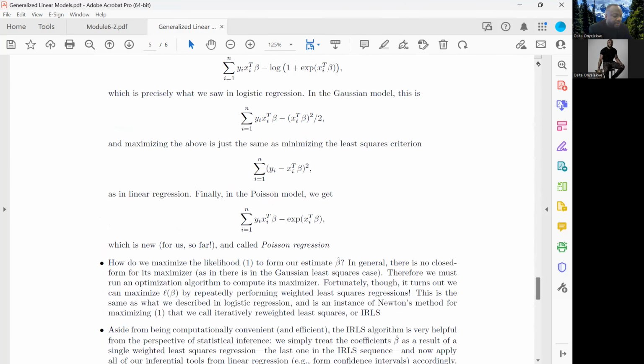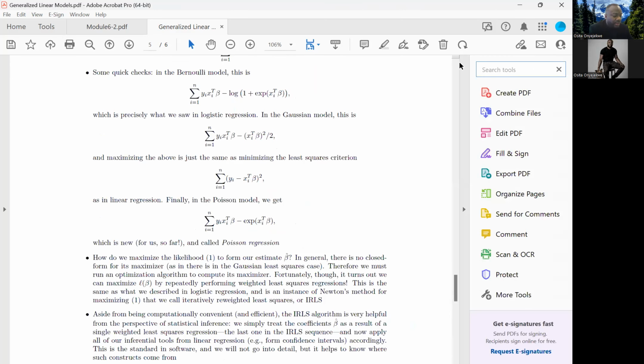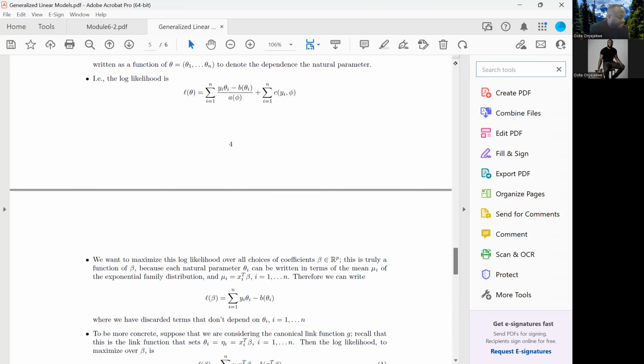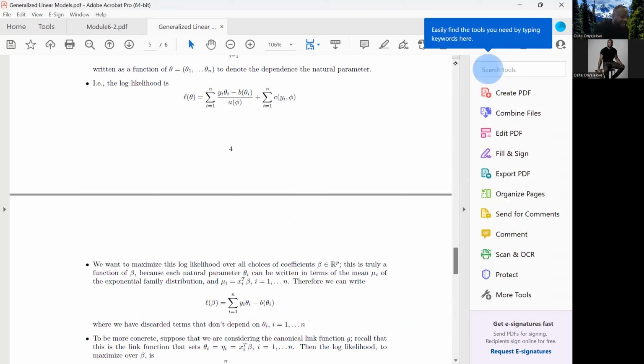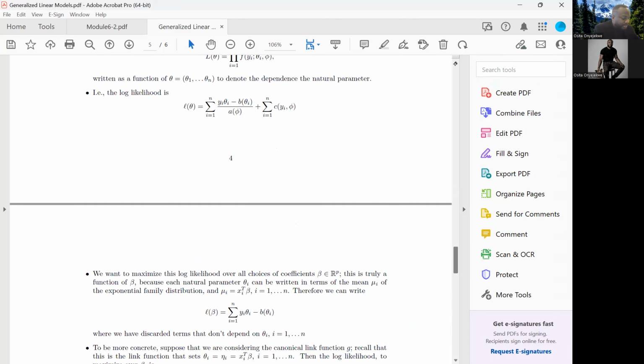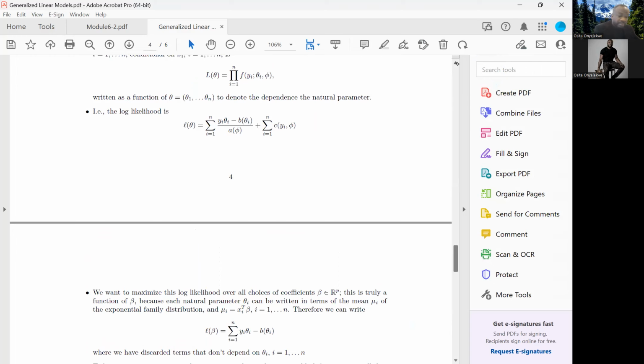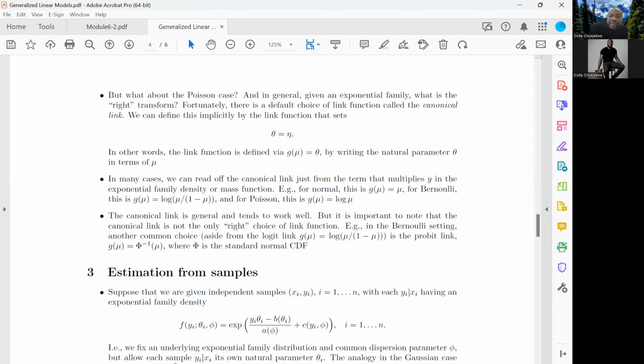Now for the Poisson, just a couple of things I want to touch up on here. We mentioned earlier about the Poisson case, and in general, given an exponential family, one might ask, what is going to be the right transform?